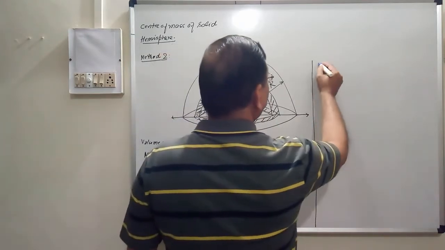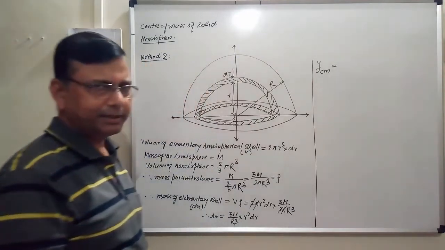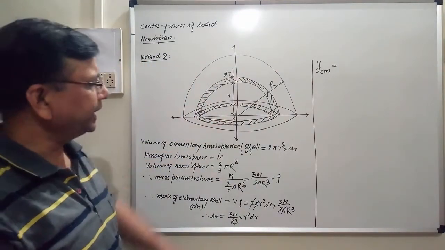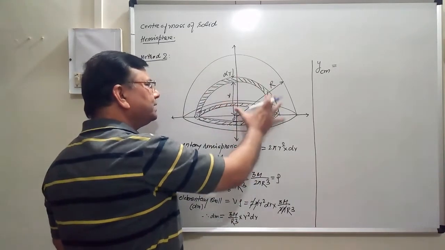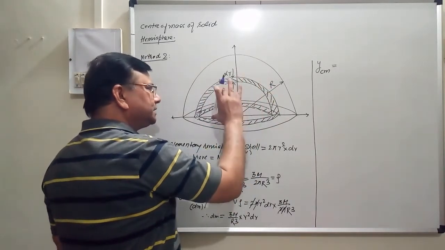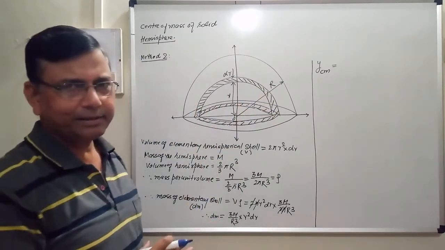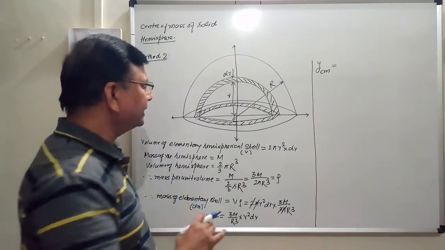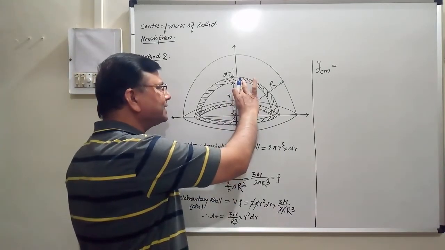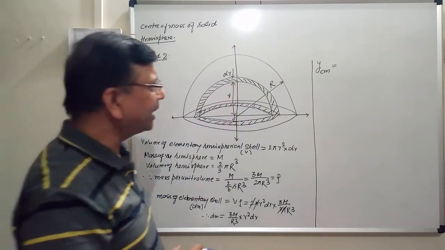Now, we have to find the y coordinate of center of mass of this solid hemisphere. First we will find the center of mass of this elementary hemispherical shell, and we already know that it is half of the radius of this hemispherical shell, that is r by 2.